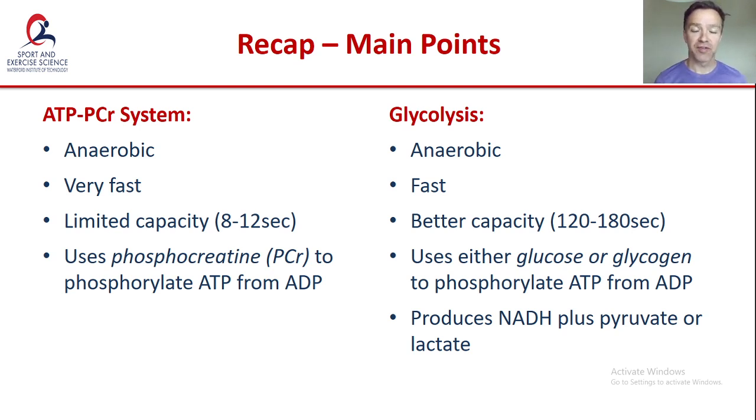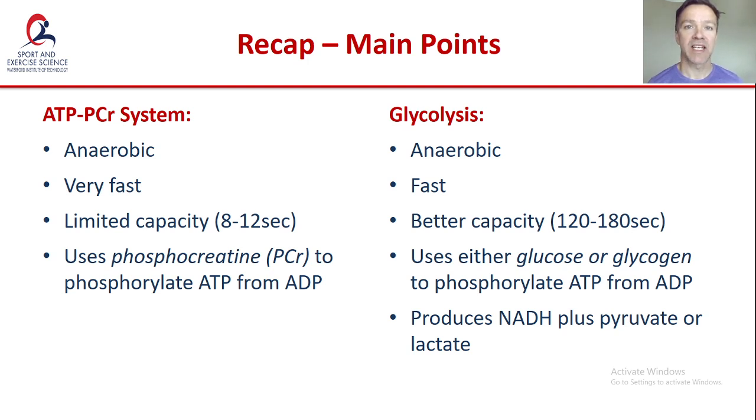It uses phosphocreatine, that's the PCR, as its energy source. That's the fuel to phosphorylate ATP from ADP. So when we say we want to phosphorylate something, we are adding a phosphate group on. ATP, adenosine triphosphate, is broken down to ADP, adenosine diphosphate. That releases energy, which we can use to fuel activity, and it frees up a phosphate group.